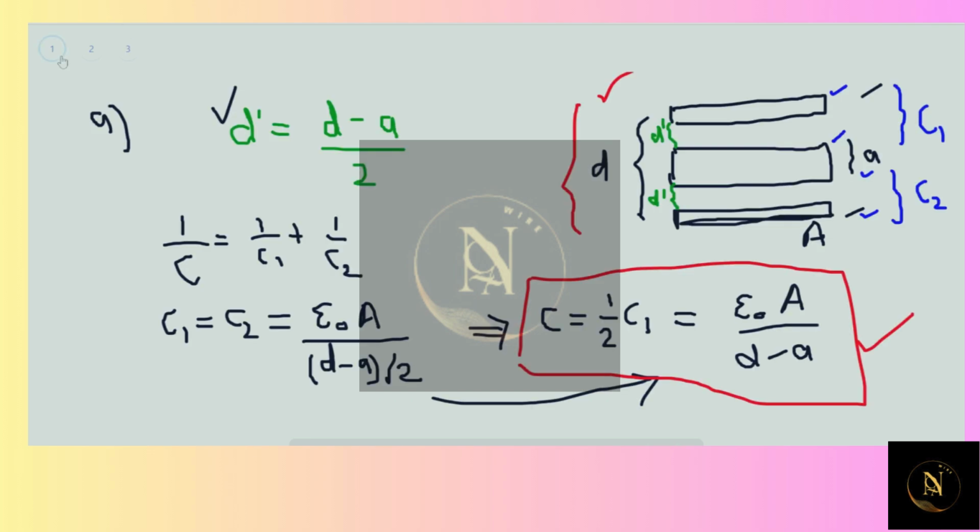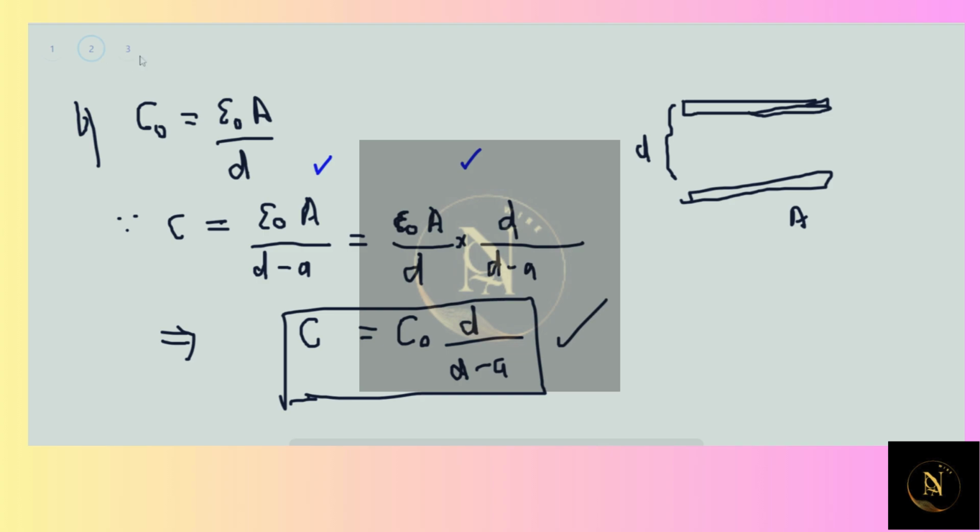And moving to the third part of the problem, we need to discuss what happens to the capacitance in the limits a tends to 0 and a tends to d. So let me write the net capacitance of the combination in terms of C naught.